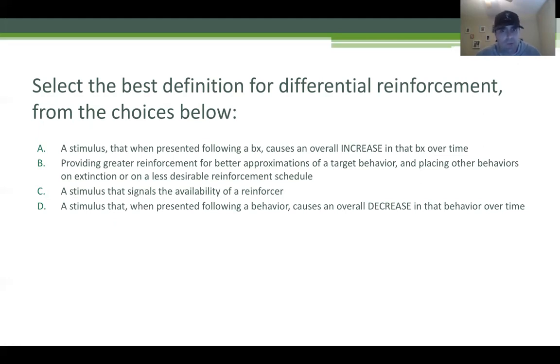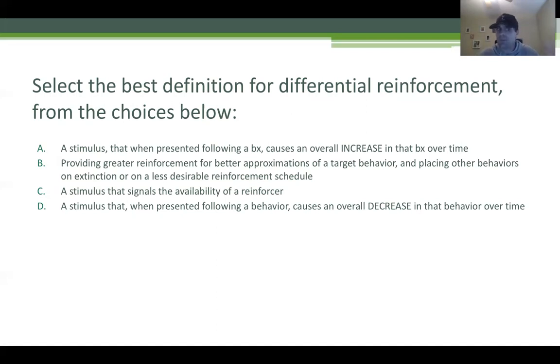So what is A? A would be reinforcement. It causes an overall increase in behavior, so we know A's out. B: providing greater reinforcement for better approximations of a target behavior and placing other behaviors on extinction or on a less desirable reinforcement schedule. That sounds pretty good. We're reinforcing one target behavior or one approximation of the target behavior and placing other behaviors on extinction.